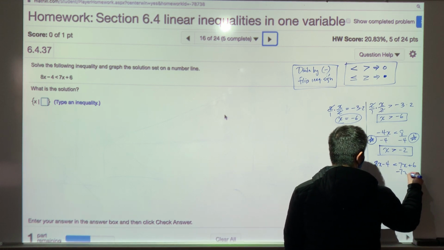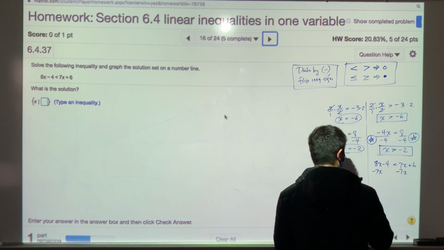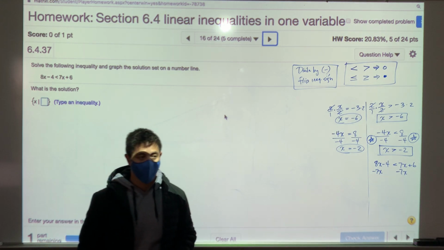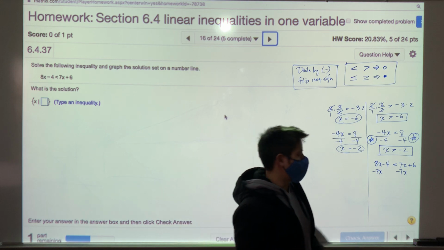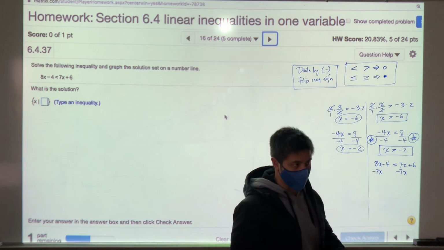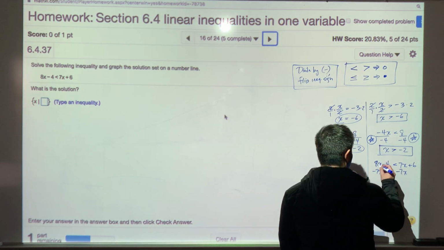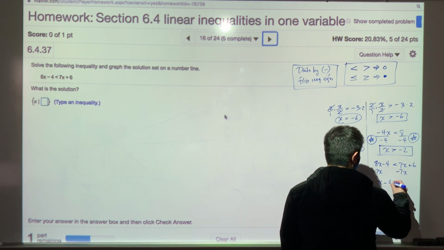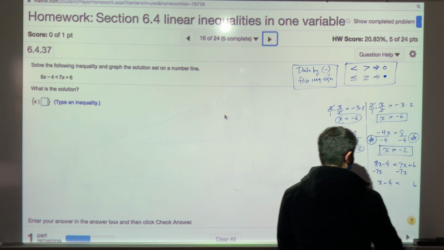I would move the 7x over to the left because I don't want both sides to have a variable in it. So 8x minus 7x is just 1x or just x. Minus 4 is less than 6.